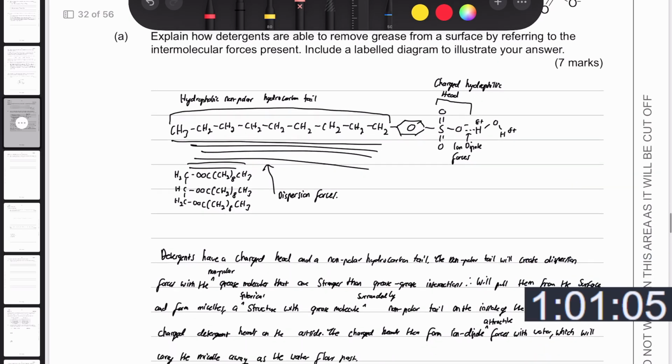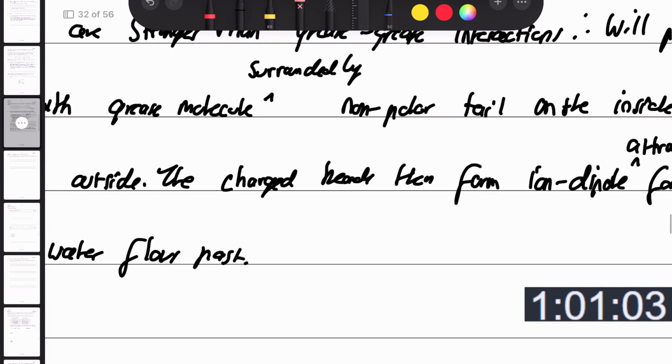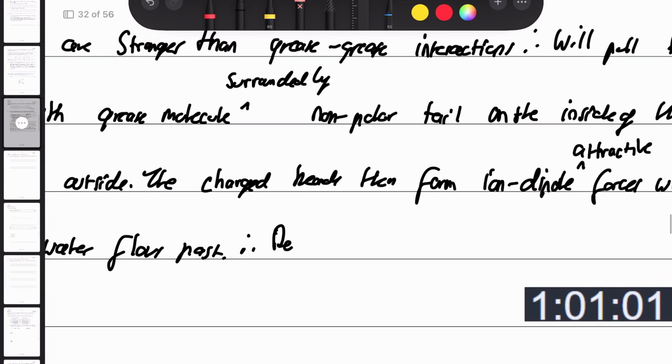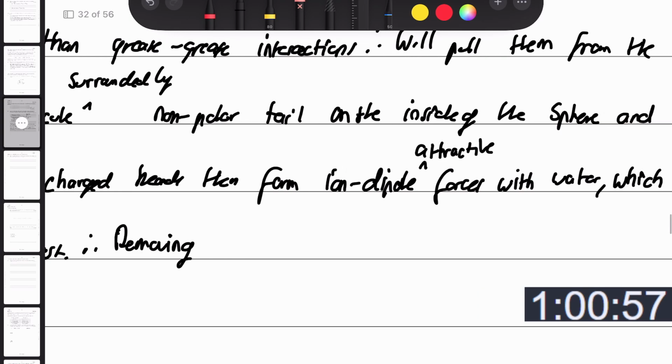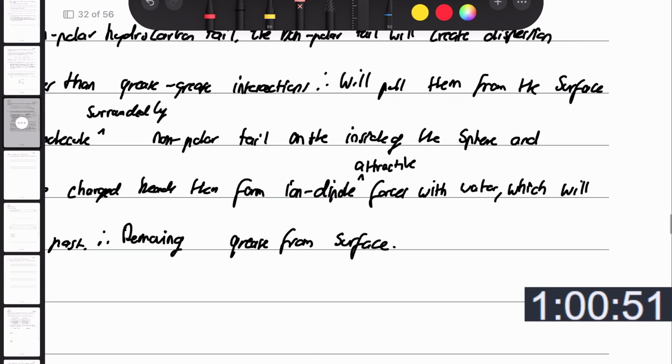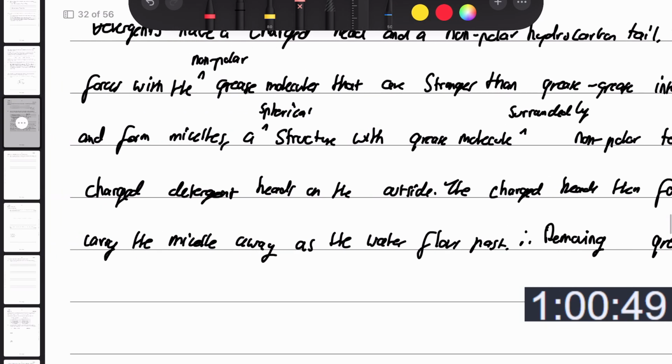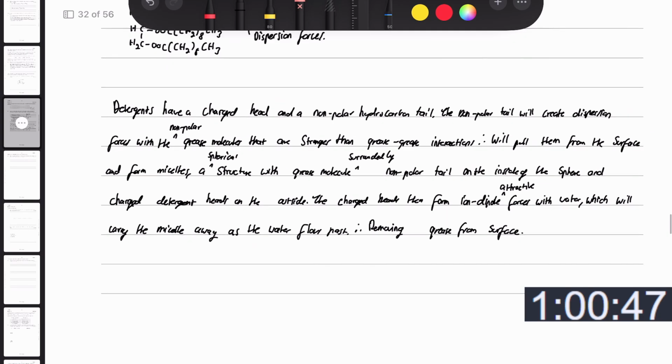And that is therefore removing grease from the surface. Carry the micelle away with the water.